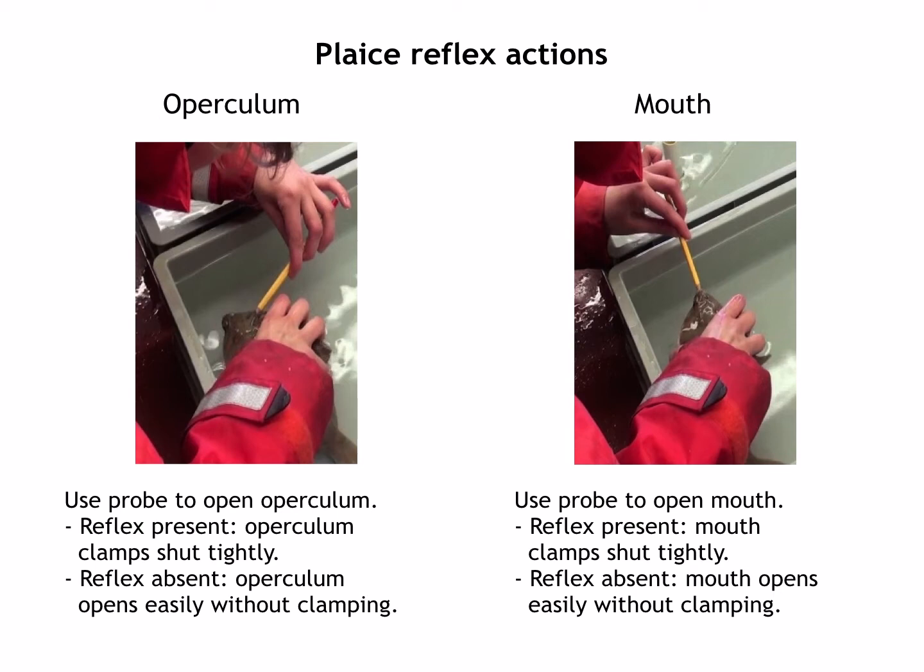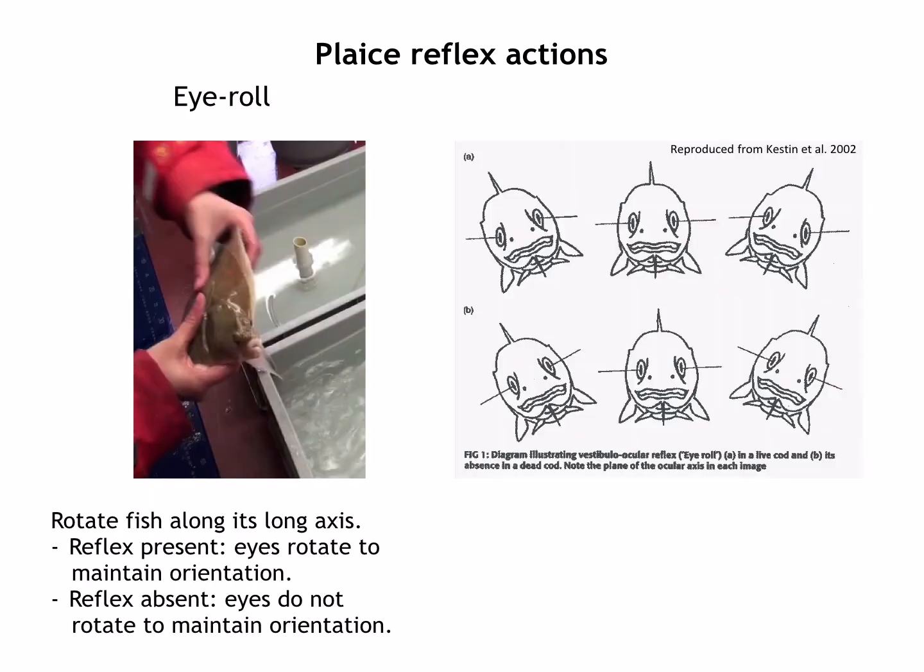Mouth clamps shut tightly. Reflex absent. Mouth opens easily without clamping. Eye roll. Rotate fish along its long axis. Reflex present. Eyes rotate to maintain orientation. Reflex absent. Eyes do not rotate to maintain orientation.